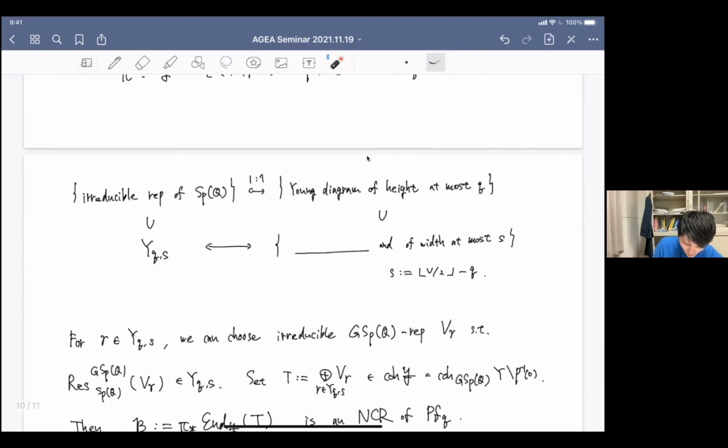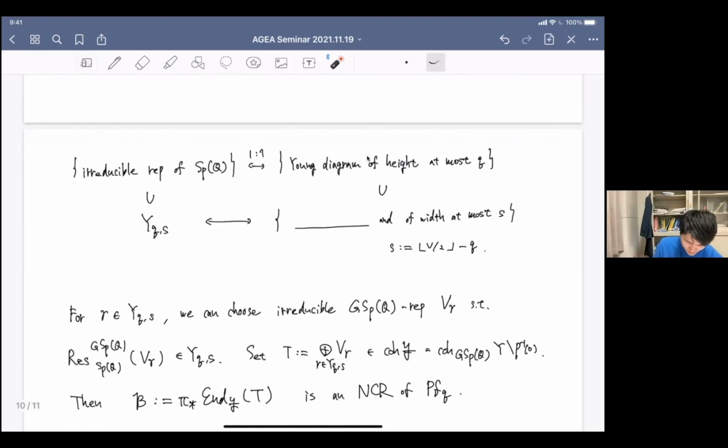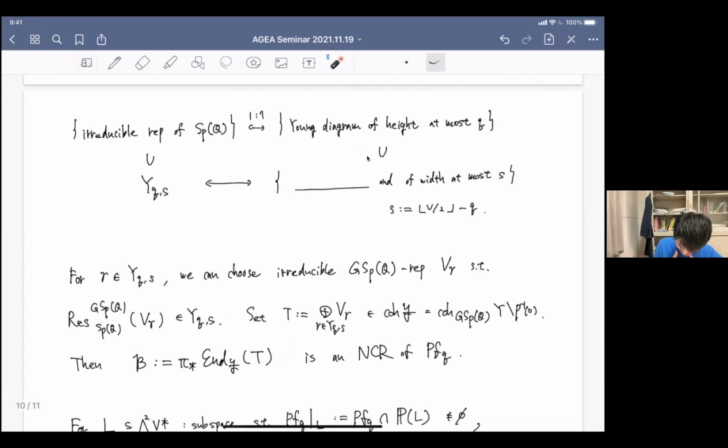So for gamma in this set Y_{Q,S}, we can choose an irreducible GSp(Q) representation, which we denote by V_gamma, such that the restriction of V_gamma is in Y_{Q,S}.